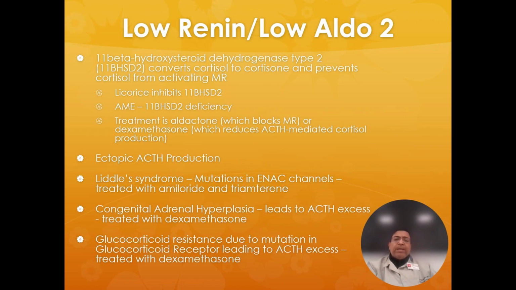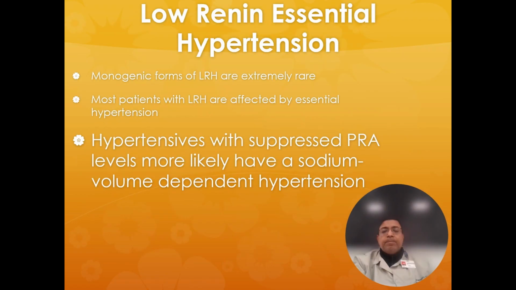Low renin, low aldo phenotype can also be seen in licorice, apparent mineralocorticoid excess, ectopic ACTH production, Liddle syndrome, congenital adrenal hyperplasia, and glucocorticoid resistance. Monogenic forms of low renin hypertension are extremely rare.